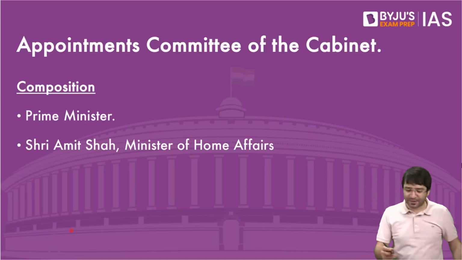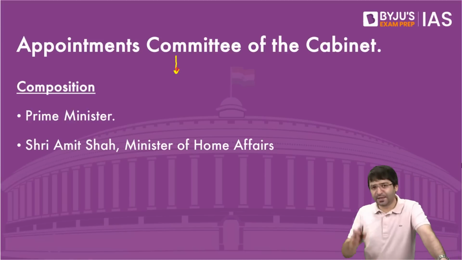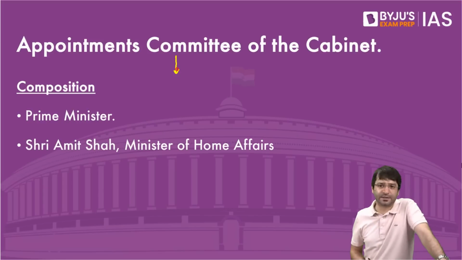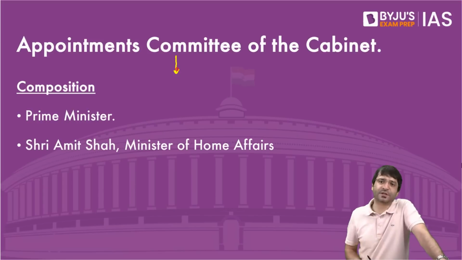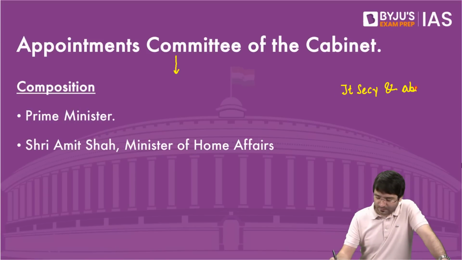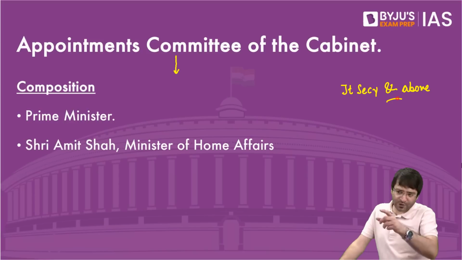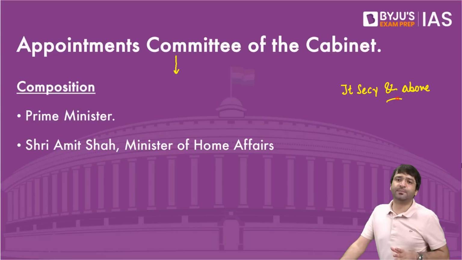The first cabinet committee we have, Appointments Committee of the Cabinet. And there are 2 members of this cabinet committee, the Prime Minister, who is the chairperson of this committee, and the Home Minister, Mr. Amit Shah. What is the purpose? We have to appoint a secretary to a government department.